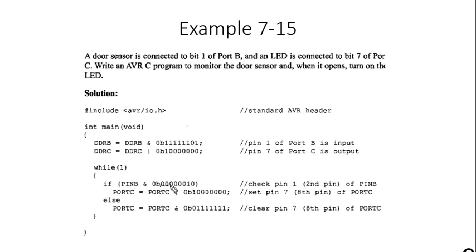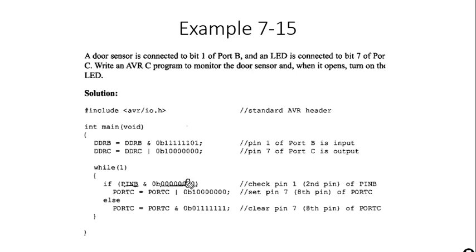We read the PINB status as a complete byte and apply the mask where all the other bits are cleared and only bit number 1 will remain unchanged by performing AND operation with 1. So the if statement will be true only and only if bit 1 of PINB is 1.